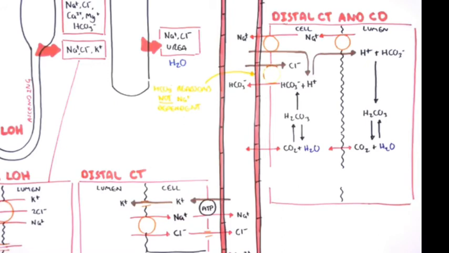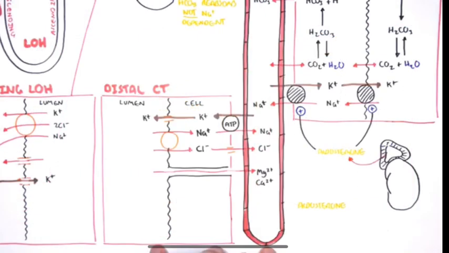So the bicarbonate ion reabsorption at the distal convoluted tubule is not sodium dependent, unlike the proximal convoluted tubule. Again, the bicarbonate and the hydrogen ion will form carbonic acid and can convert into water and also carbon dioxide, which can freely be reabsorbed at the vasa recta.